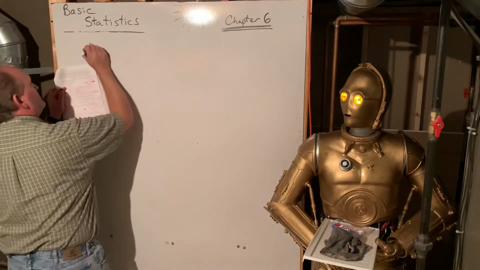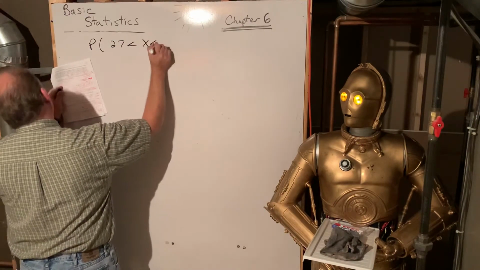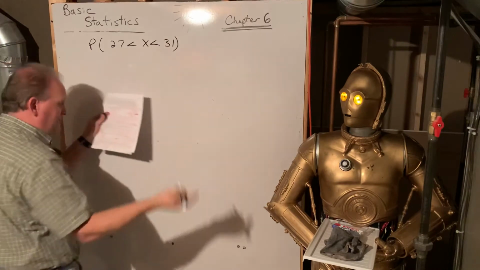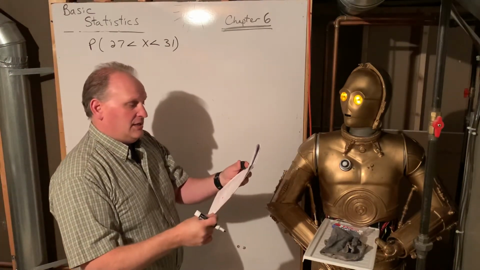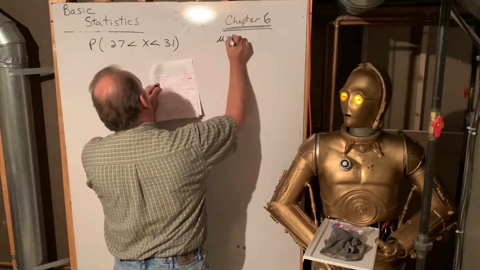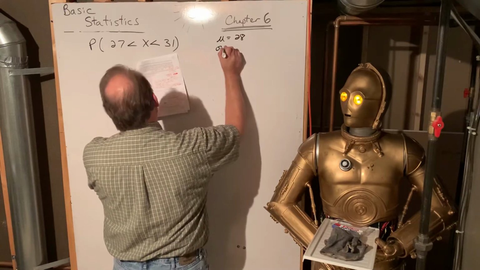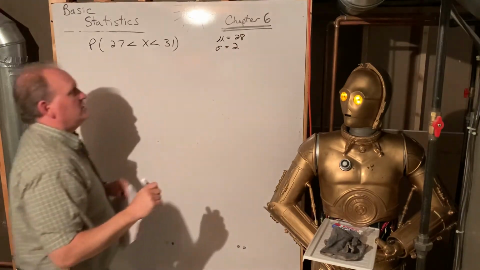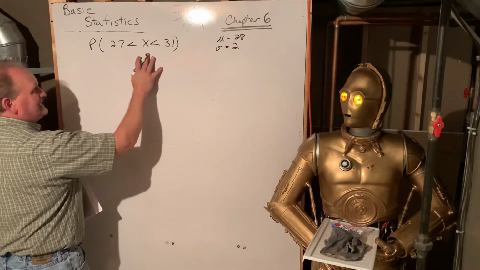They want to know the probability that x is between 27 and 31, given that the mean of the population was 28, and the standard deviation of the population is 2 pounds of garbage. What we want to do is convert this into z-scores.